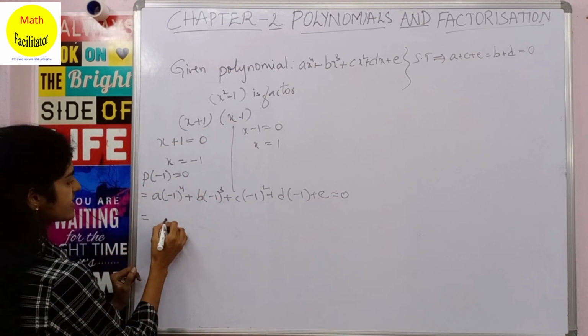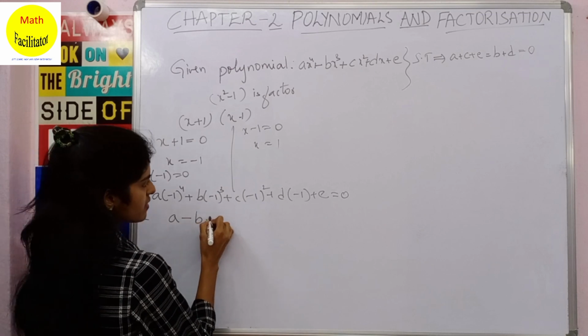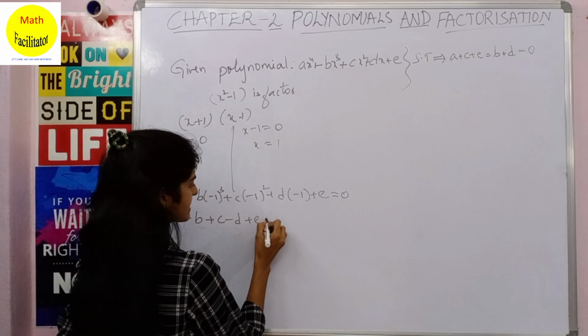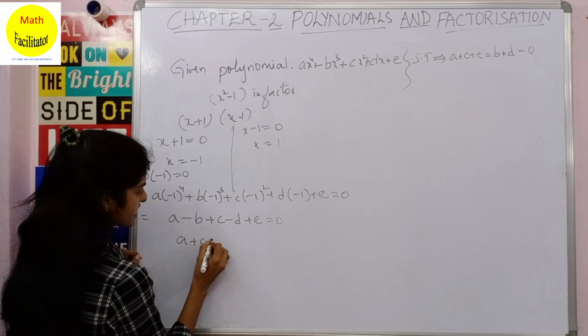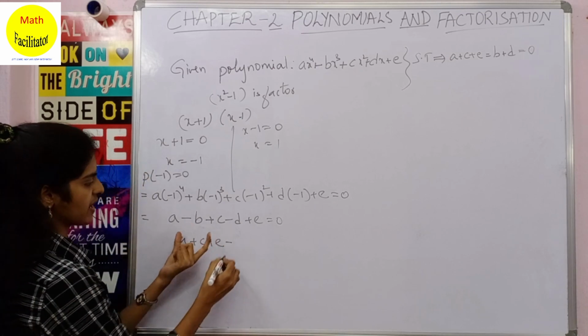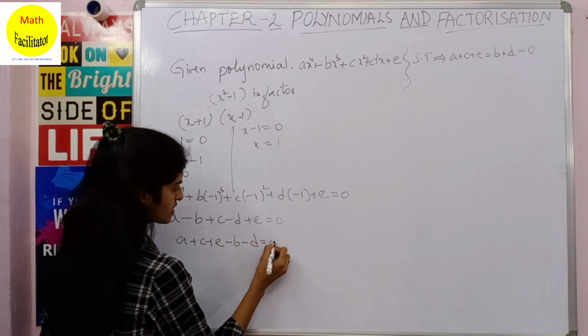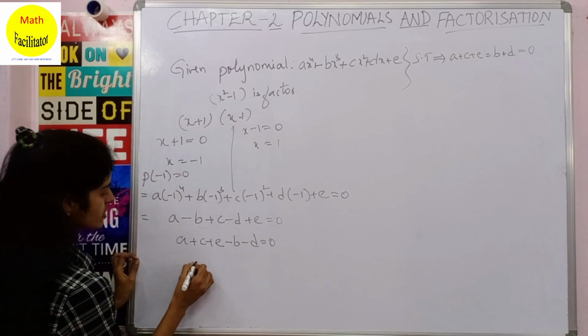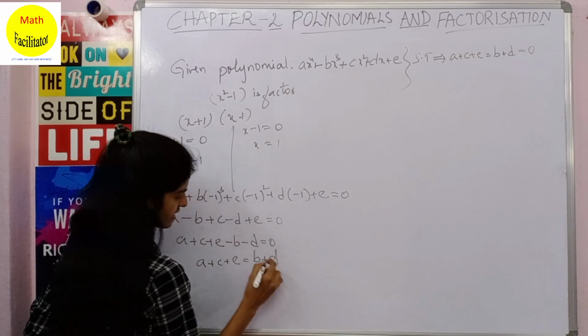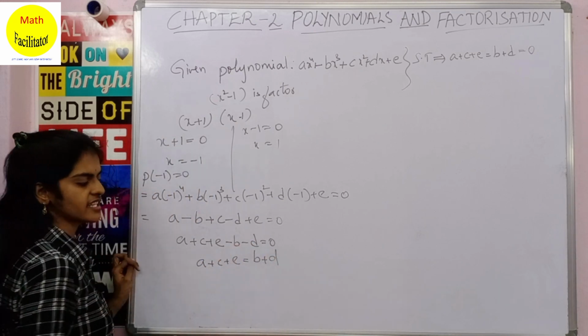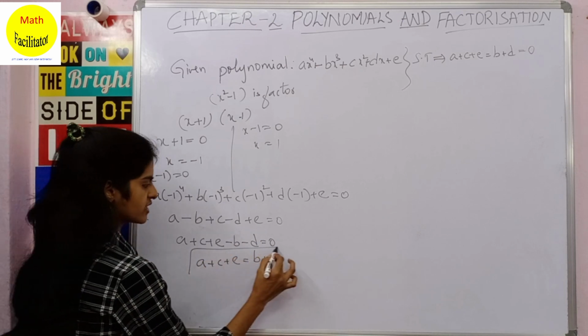So it is a minus b plus c minus d plus e equal to 0. Here you can see a plus c plus e, and this is minus b minus d equal to 0. So you can write this as a plus c plus e equal to b plus d. Plus b plus d going to the other side becomes b plus d. Clear? So this is one condition.